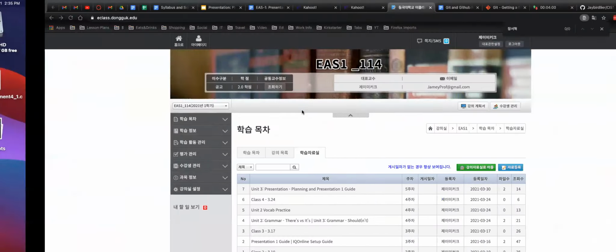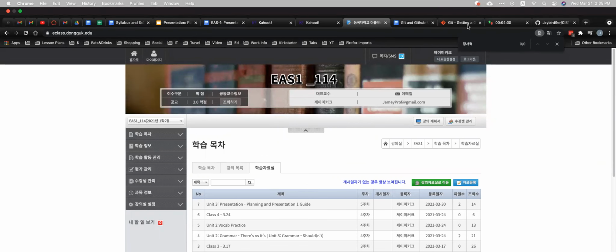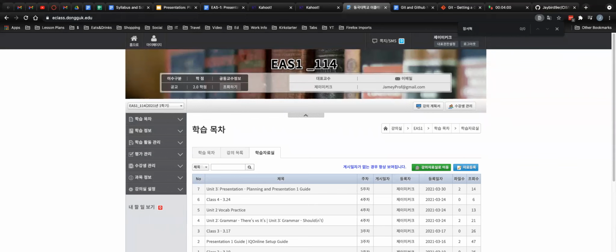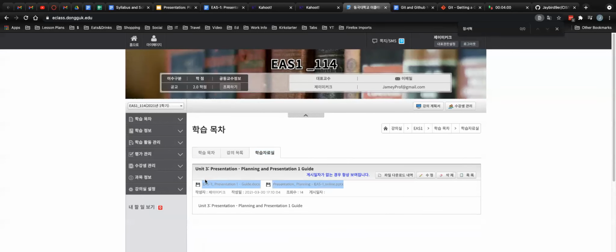Before I start, let me get my chat window, sorry. Before I start the presentation lesson, it's a good idea to go to eClass and go to Haksib Jadoshiel and download these two files.